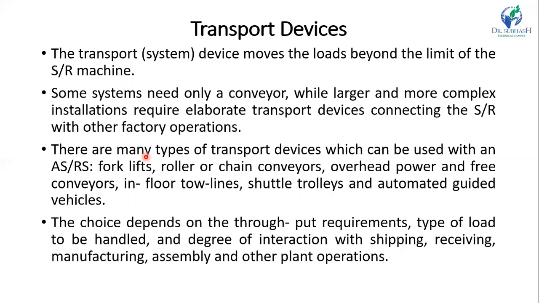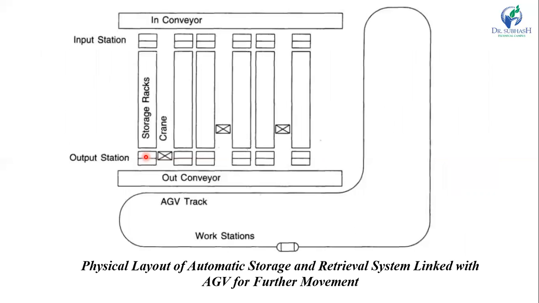Okay, so here this is an example system that links with the conveyor and AGV. This figure shows the physical layout of ASRS linked with AGV for the further movement. Here you can see this track, which shows the AGV track.